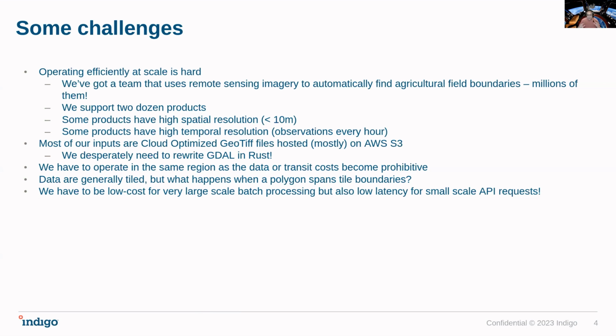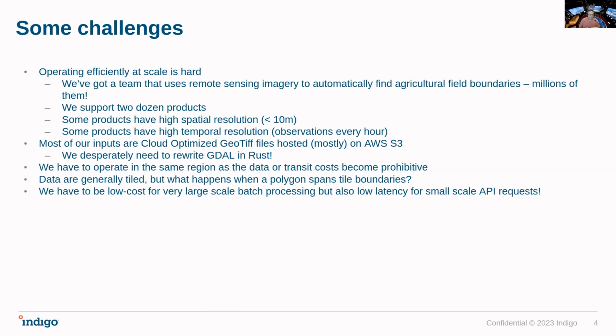Most of our inputs are cloud optimized GeoTIFFs hosted in S3. And so that introduces its own complexities. We always have to operate in the exact same region where the data is hosted. If you don't do that, the cost of transiting data, of sending data across the internet, is catastrophic. We can't afford that. And of course, a lot of these data sets, especially satellite data sets, are tiled.